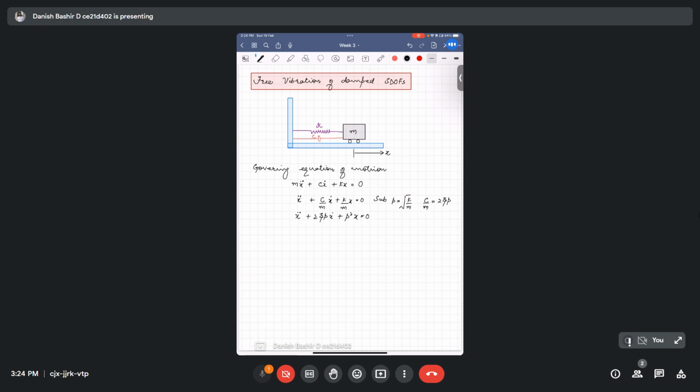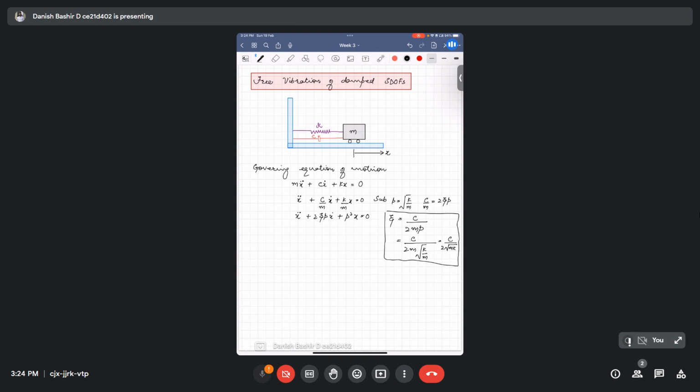And from here we can write theta as c by 2 m p. We can also write it as c by 2m and p as under root k by m, which will be equal to c by twice root m k. These are the alternate expressions for the damping ratio.